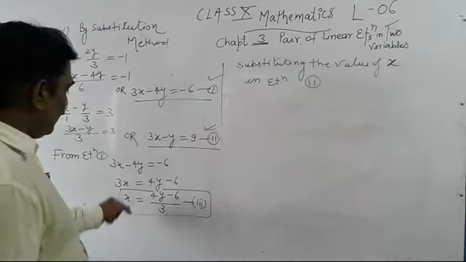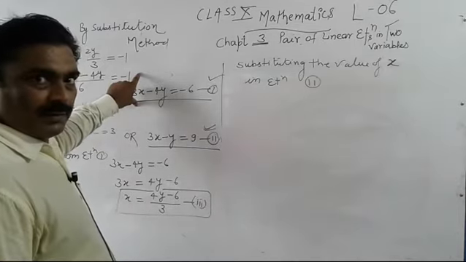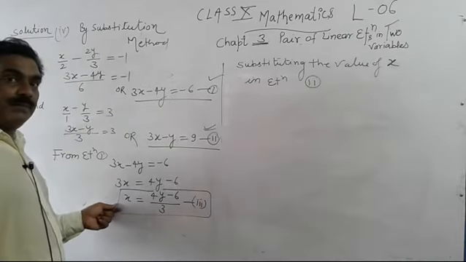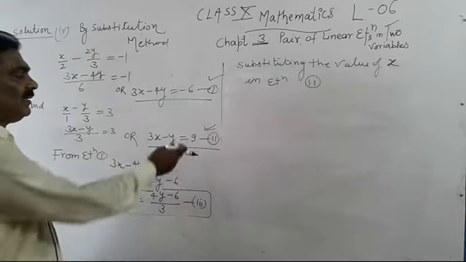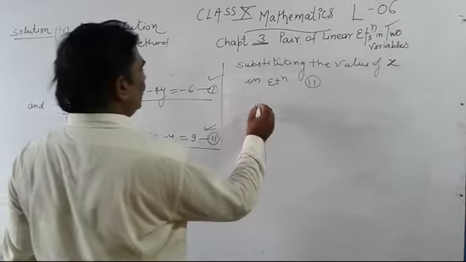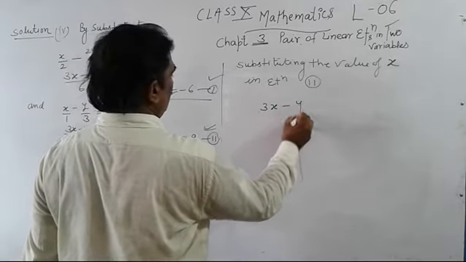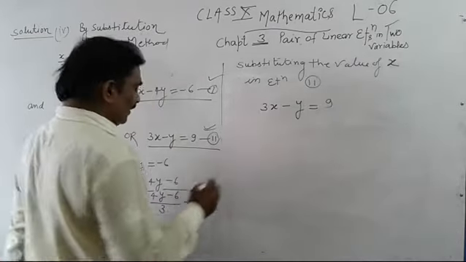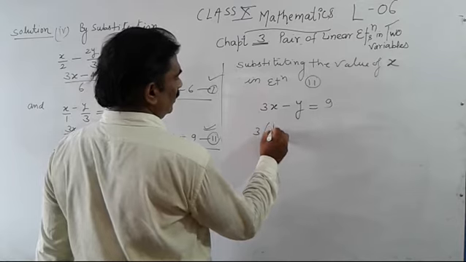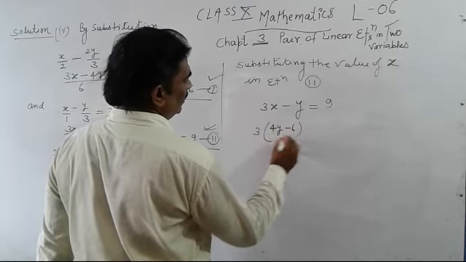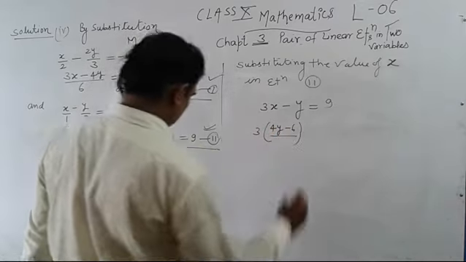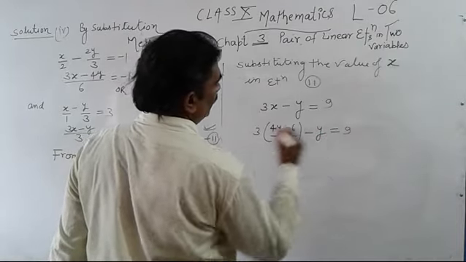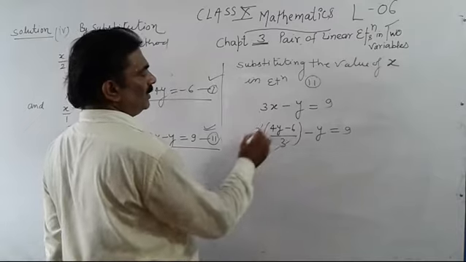Because we have the value of x from first. If we have the value of x from first, then we put the value of x in the second equation. So write down here 3x minus y is equal to 9. The value of x is 4y minus 6 upon 3, so 3 into 4y minus 6 upon 3 minus y is equal to 9. Students, here 3 and 3 cancel out.